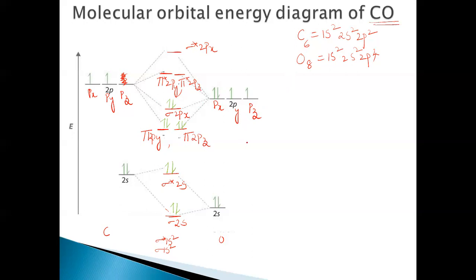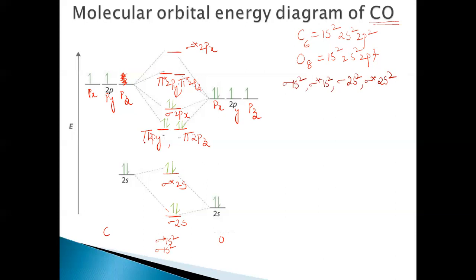So if you write the electronic configuration of this, I can write it as sigma 1s2, sigma star 1s2, sigma 2s2, sigma star 2s2, and then comes pi here.